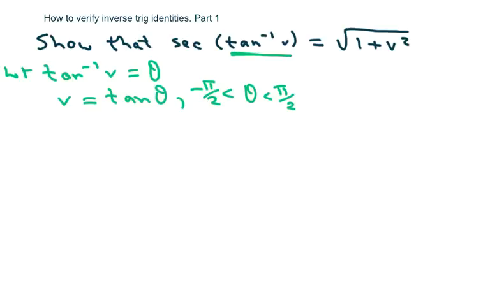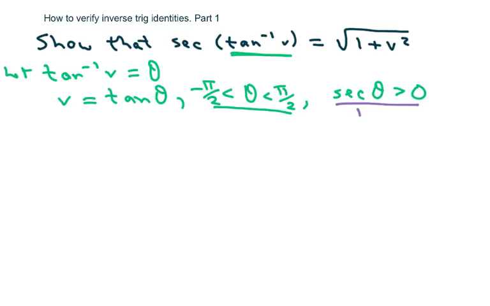We also know that our secant, or cosine, of theta is positive, because this angle is between quadrant 1 and quadrant 4, and cosine is positive in quadrant 4.